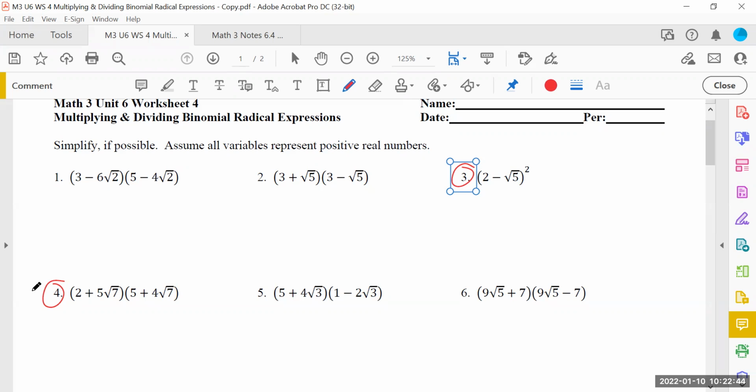It would be 1 square root of 25. And the square root of 25 is just 5. Those would be 5.